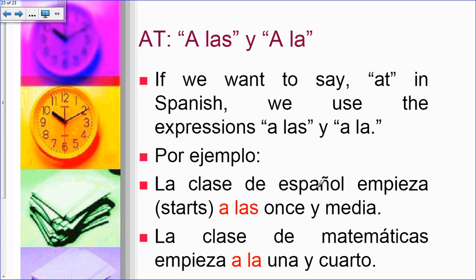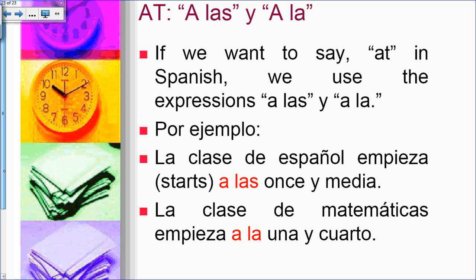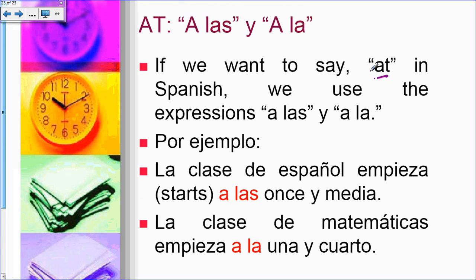Okay, and last thing, if in Spanish we want to say at, we use the expressions a las and a la. So if I want to say Spanish class starts, empieza, at 11:30, I'm going to say a las 11:30. The reason we say a las is because this is higher than 1.